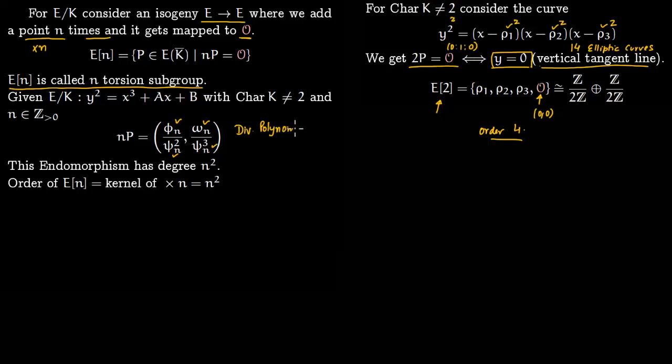The fact we are going to remember is that this endomorphism from E to E, where you take a point on the elliptic curve and add it n times and land on the same elliptic curve, has degree n².